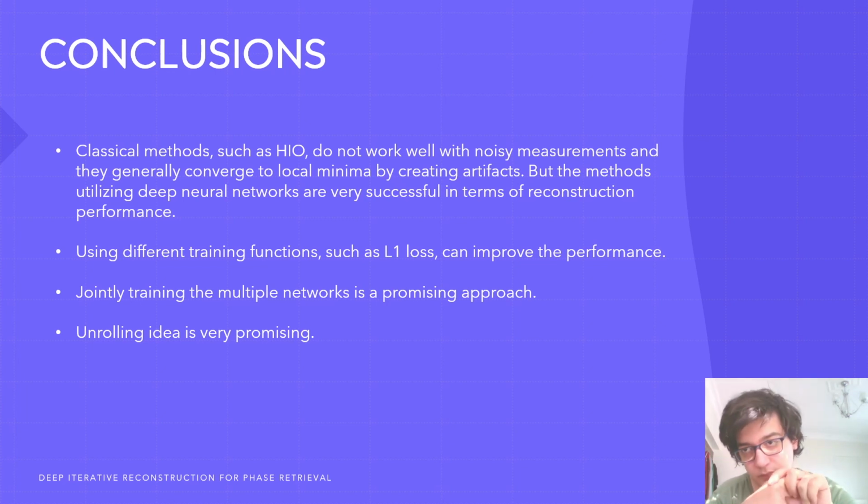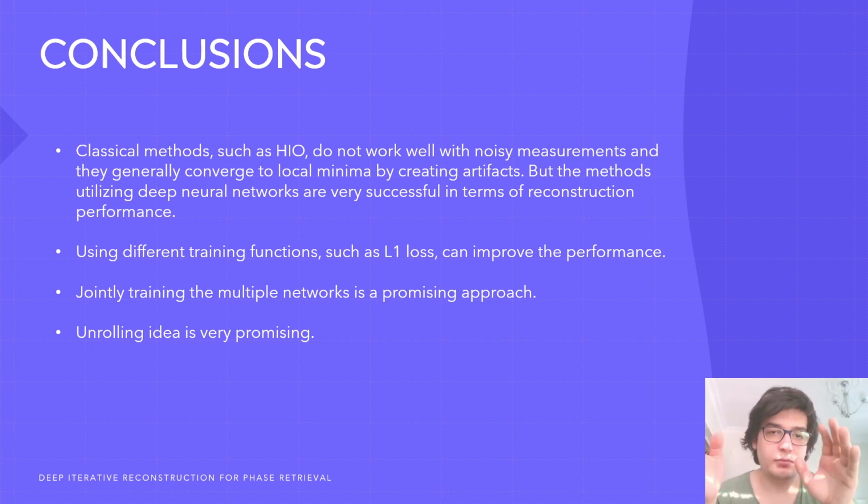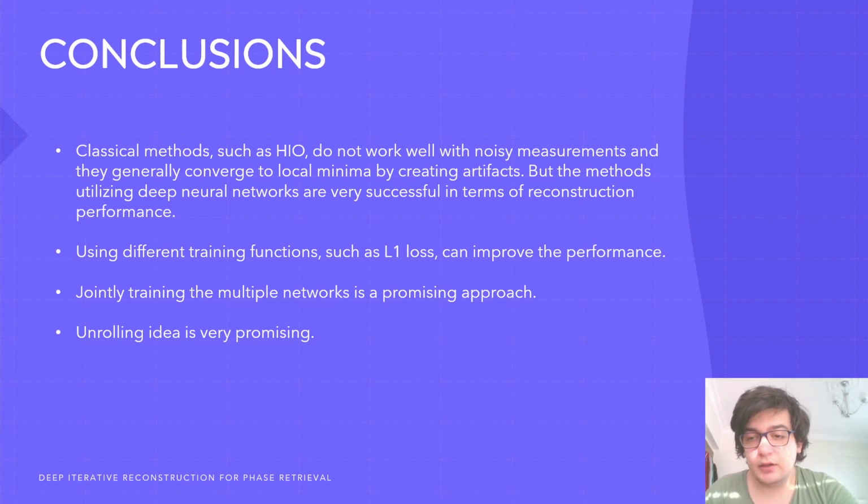But methods utilizing deep neural networks are very successful in terms of reconstruction quality with respect to classical methods. And using different training functions like L1 loss can improve the reconstruction performance, and jointly training the multiple networks is a very promising approach. The unrolling idea is also very promising.